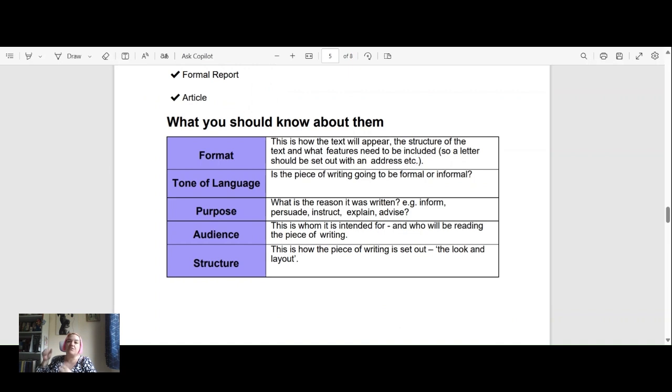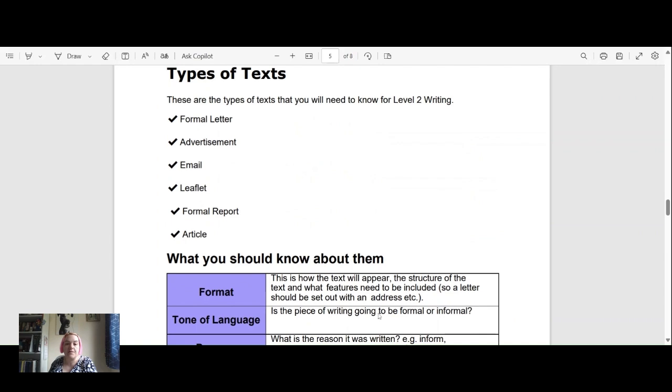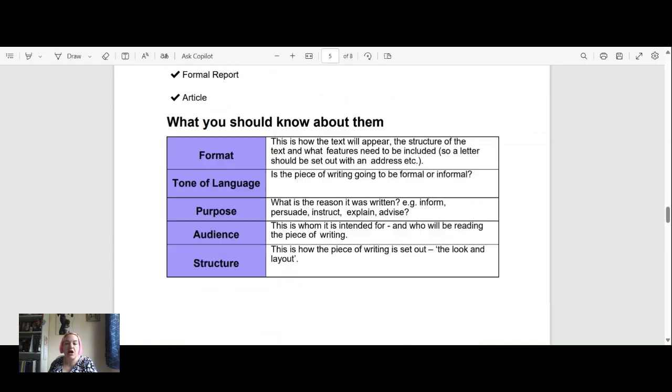The same applies for a newspaper article or a poster. You see where we're going. So we need to understand the format, how each one of those documents looks. We need to think about the tone of the language, and that could be as simple as, is it going to be formal, businesslike, professional, respectful, or is it going to be more informal, more friendly, more chatty?